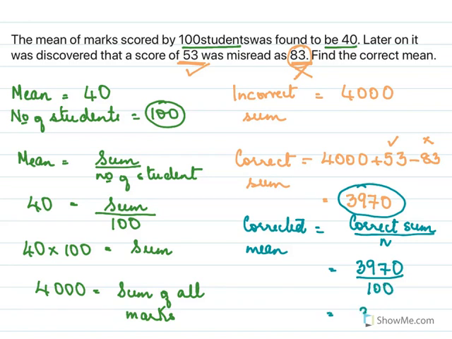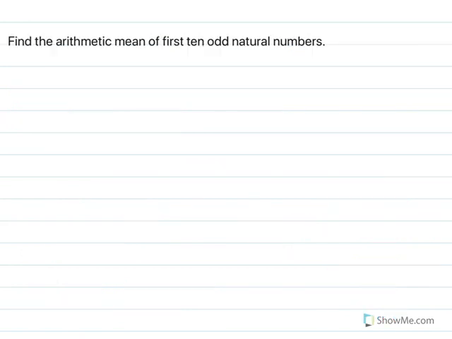So when you divide this, you get 39.7 as the corrected mean. So in all these sums, you first find the total, and then you add the correct reading and subtract the wrong reading.